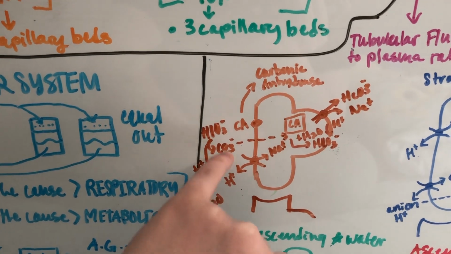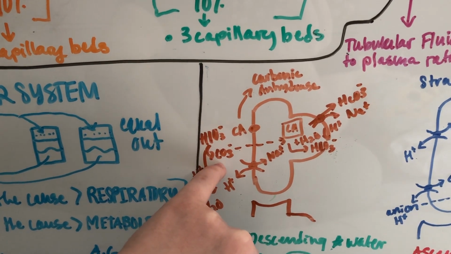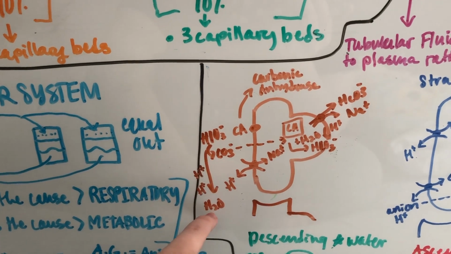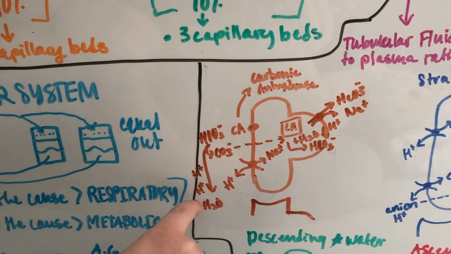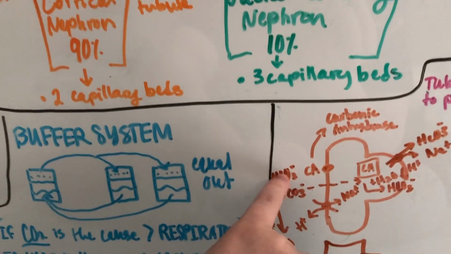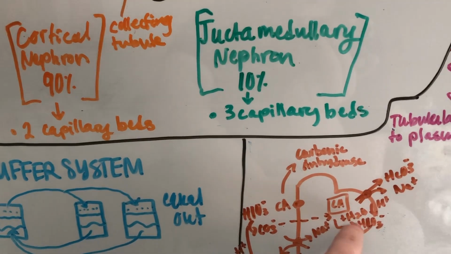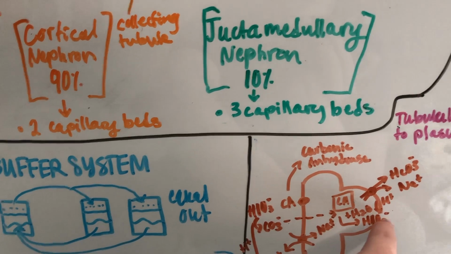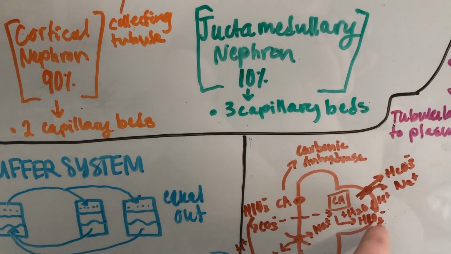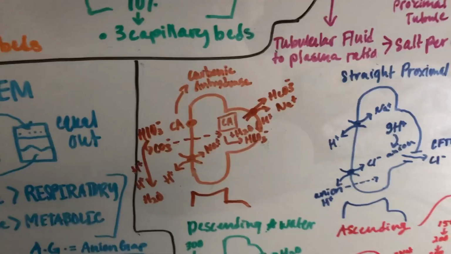Now, what happens is HCO3 comes and kicks off a water and hydrogens, and then it leaves the CO3. Excuse me, I think this is supposed to be CO3. Anyways, it comes into the cell and then adds more water, and then this turns into HCO3, and you add a hydrogen in to get that, and then that goes to our buffer system that we're going to talk about in a second.